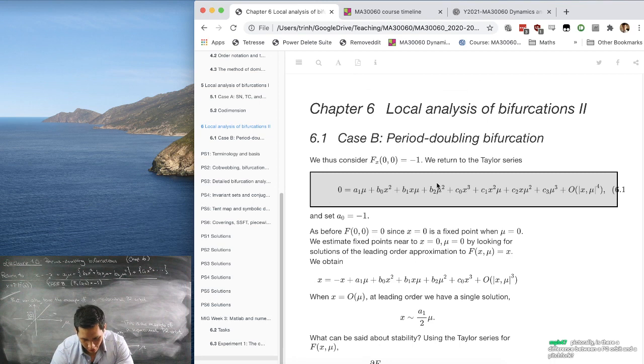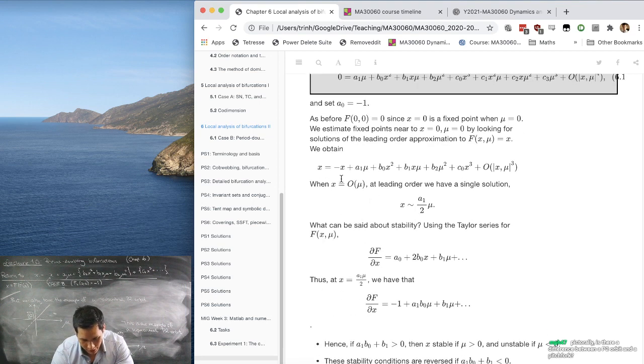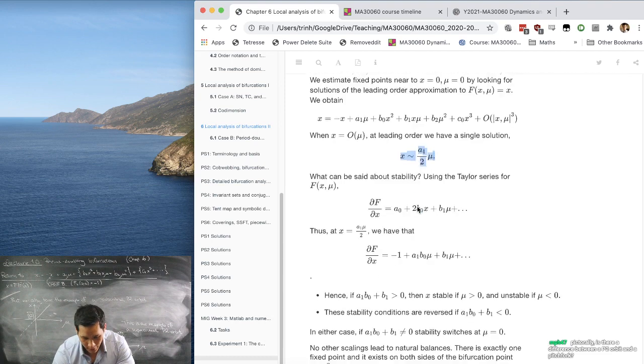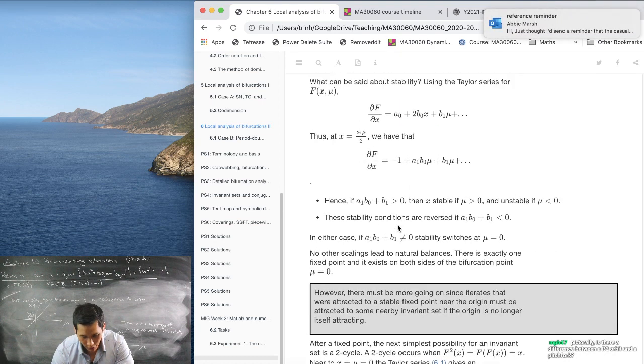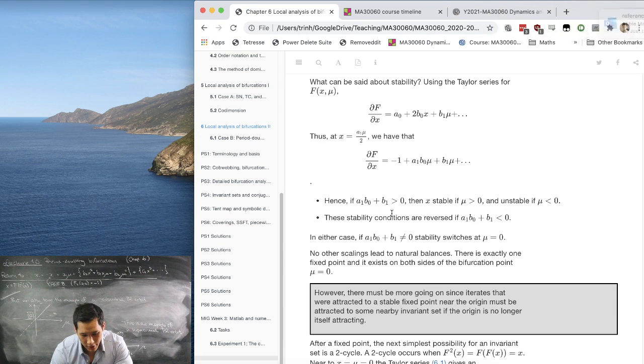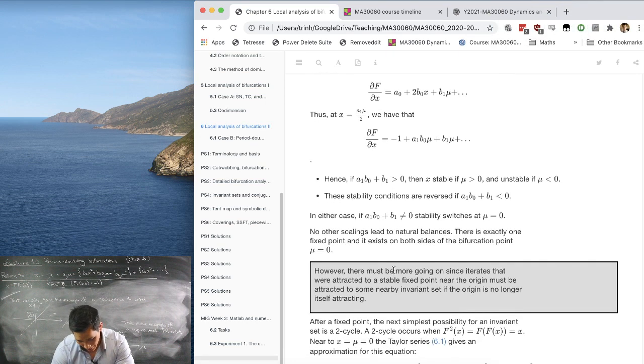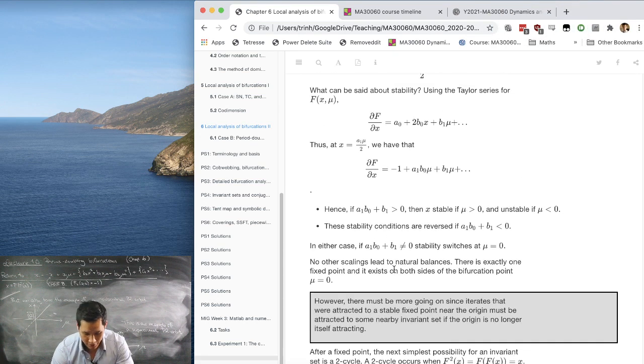Okay, so we've done the balance. We start off with this equation here. We did the local balance of this equation. We found this solution here, which was the standard fixed point. And we showed that this standard fixed point is stable on one side, unstable on the other. And we said that there might be some more going on because it goes from stable to unstable.